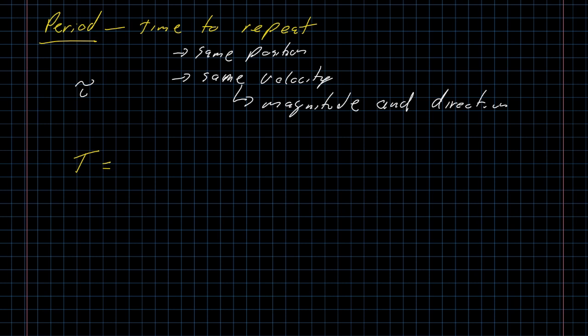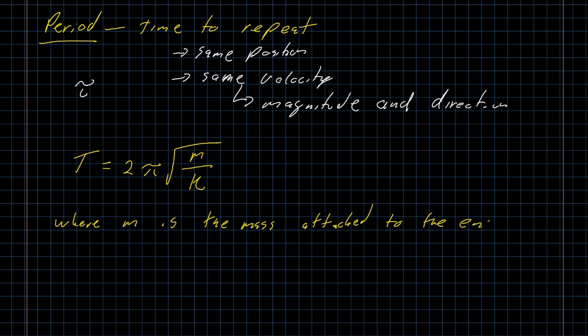But the period of oscillation is given by 2 times pi times the square root of m over k, where m is the mass attached to the end of the spring, and k is the spring constant.